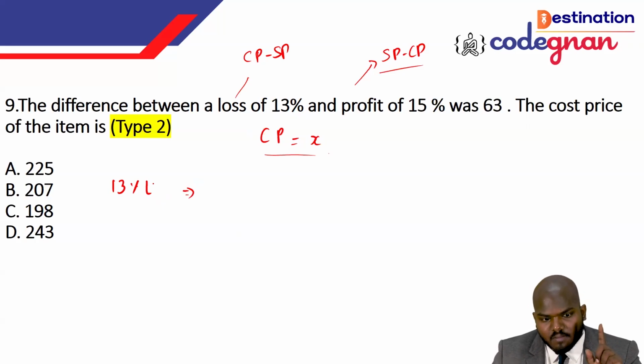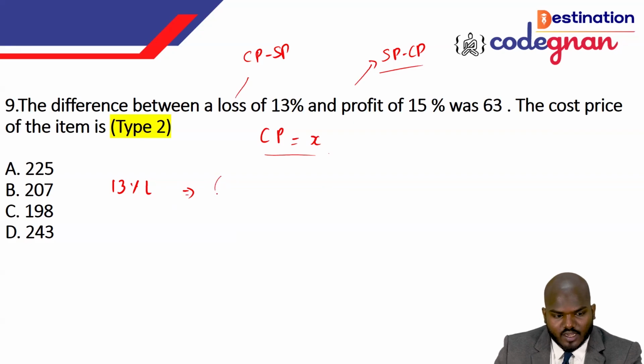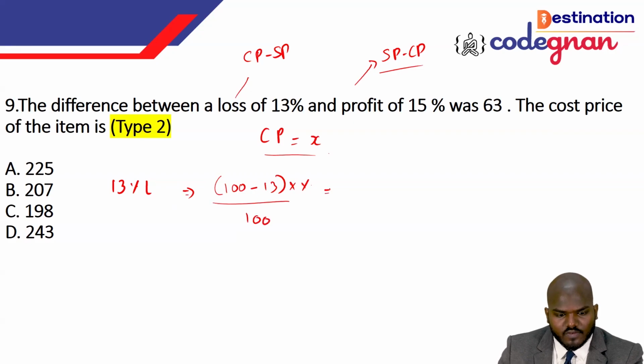In the percentage method, I'm saying again, percentage method, we don't know initially what the price is, so I can call it 100 initially. So 100 minus 13, times x by 100, will give you 87x by 100.